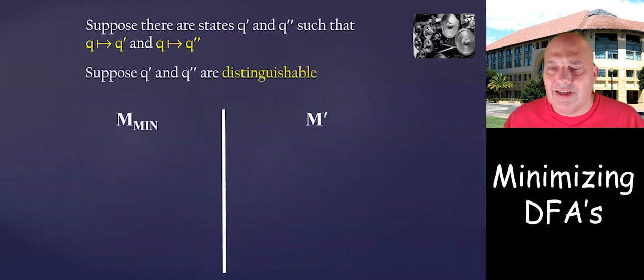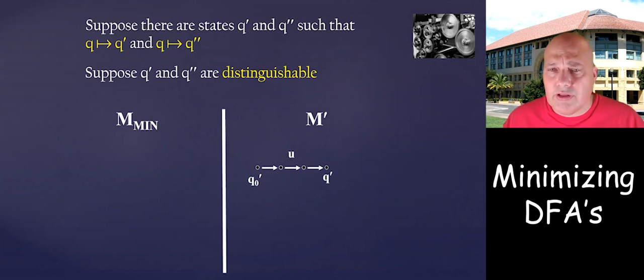Let's look in these parallel worlds, what happens in M min and what happens in M prime. And we assume again, for the sake of contradiction, that q prime and q double prime are distinguishable.